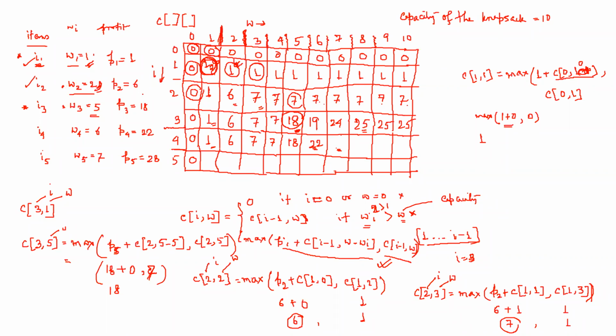What will be the value? 6 plus 18 is 24. Alternatively, I can choose this one and this one. This value is 23. So the maximum profit that can be achieved for this capacity is 24, by selecting item 2 and item 3.